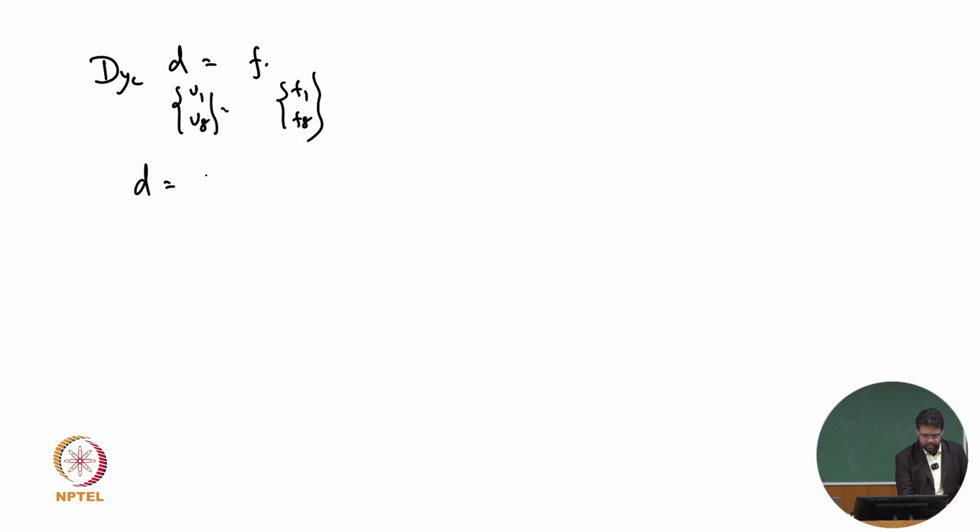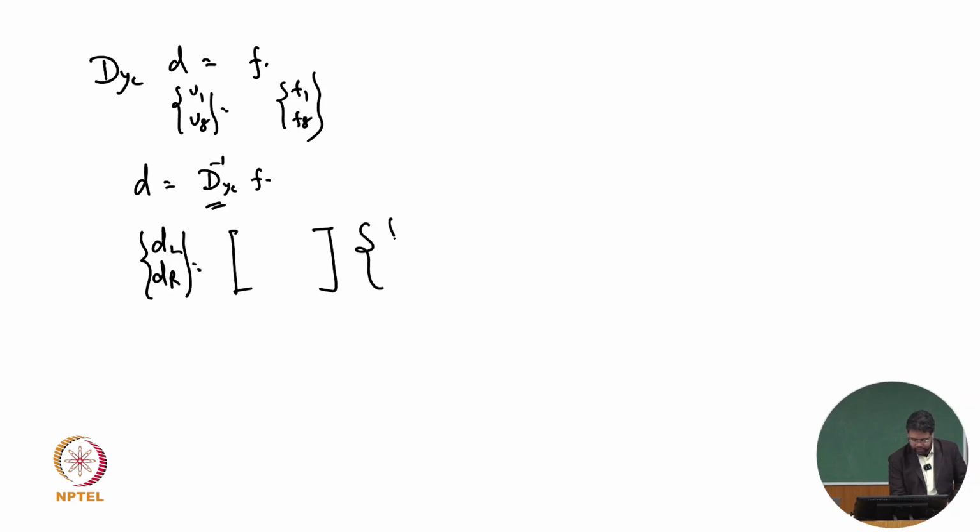We invert it, and that is my receptance matrix. Agreed? So what is the receptance matrix telling me? D left, D right equals my receptance matrix times FL, FR, with alpha LL, alpha LR, alpha RL, alpha RR.